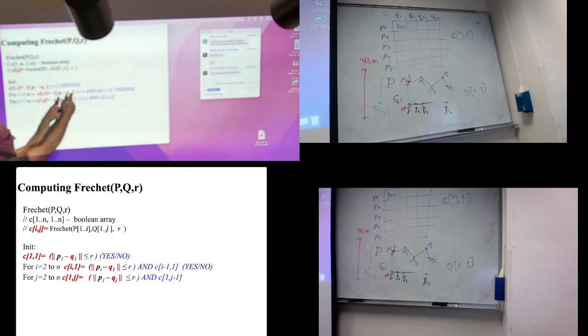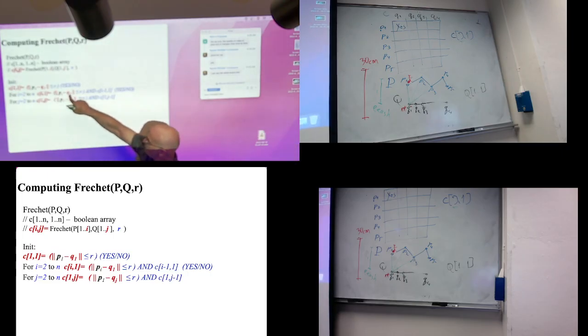If you didn't understand it by now, when I write Pi minus Qj, Pi and Qj are points, and Pi minus Qj is a vector. When you put the bars over it, it says that's the length of the vector, that's the distance, Euclidean distance. So is the distance between Q1 and Pi less than R?